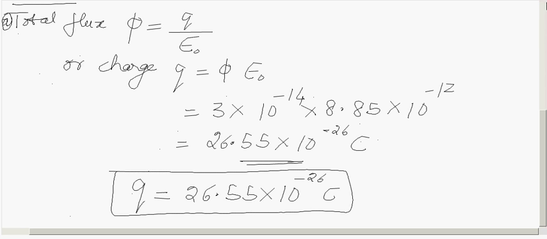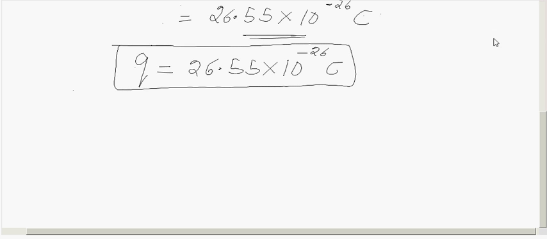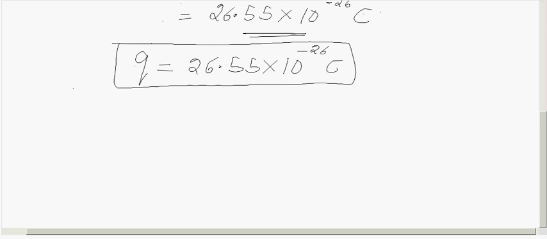So here also the electric flux passing through the Gaussian surface depends only on the charge enclosed and is independent of its size. So if the Gaussian surface is doubled, the charge remains the same, and hence the flux also will remain the same. Answer for B.